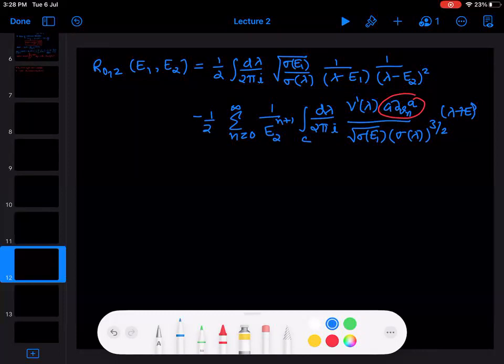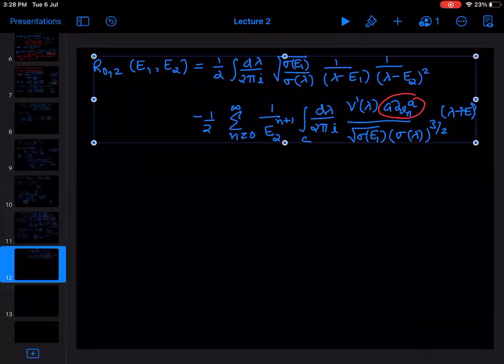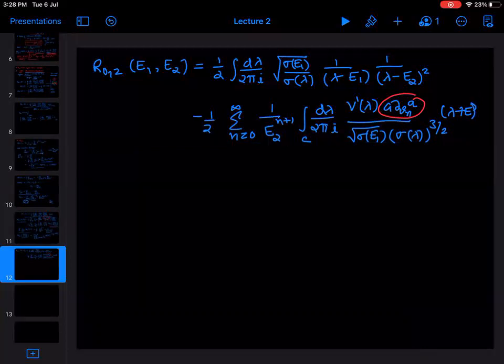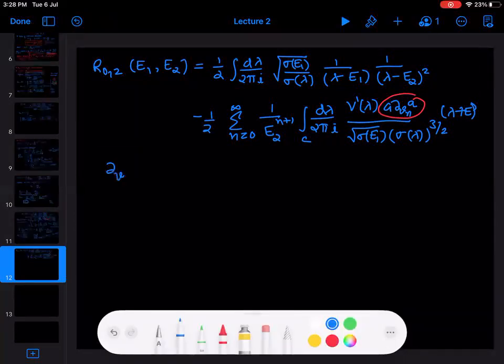So since I need these derivatives of A, I'm going to take a derivative of both the equations that I had for solving for A plus and A minus. So these are the equations. I'll write them again.